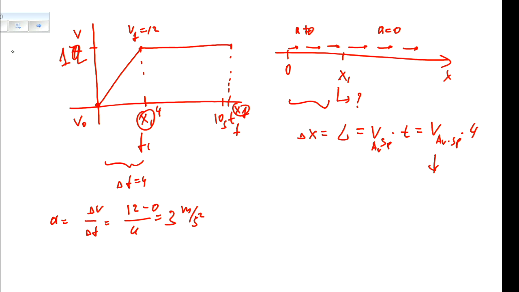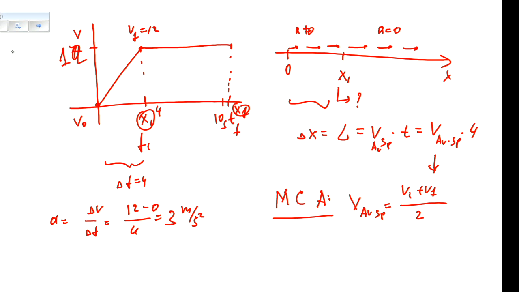Now there's a fact which we could prove algebraically relatively easily: for motion with constant acceleration, average velocity, and in this situation also average speed, is equal to the mathematical average, initial plus final over 2.